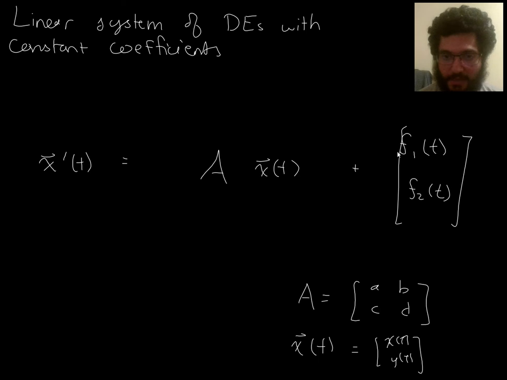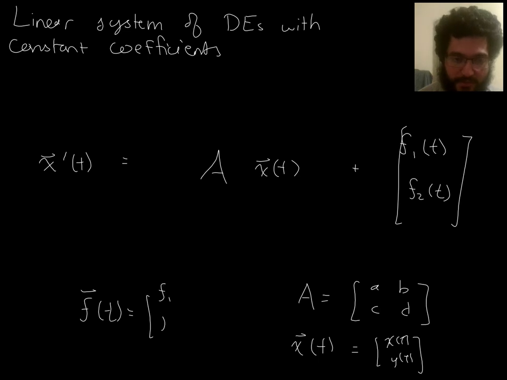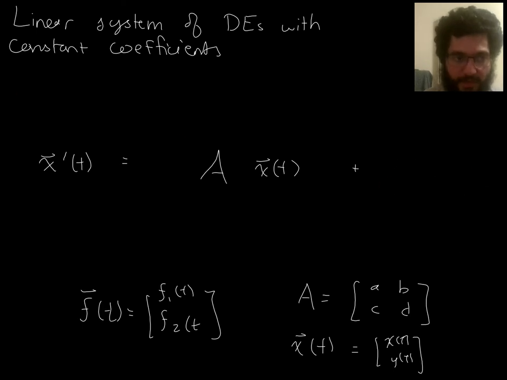And can we package this together? Yeah, as long as we write down here what we mean when we write vector f of t. Let's use that to denote f1, f2. Then let me replace this by vector f of t.